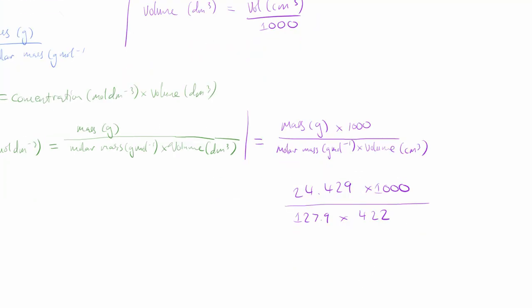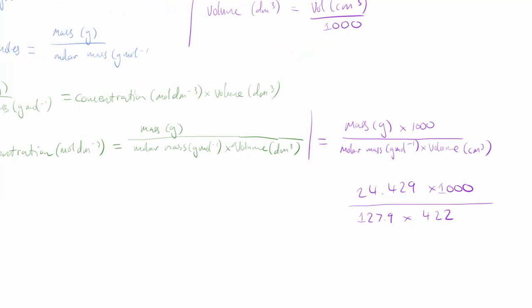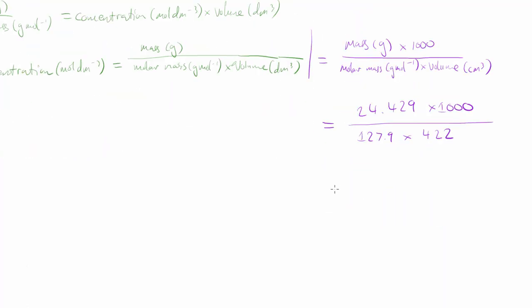So I would invite you to work that out on your calculator, what the concentration comes to so far. If you do work that out, what you should find is that it would be equal to 0.45260.